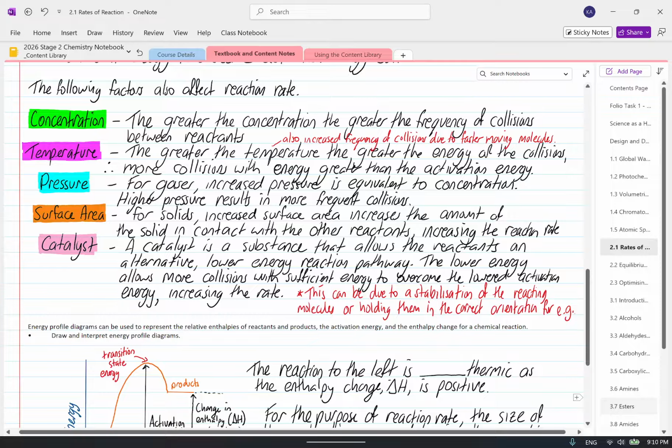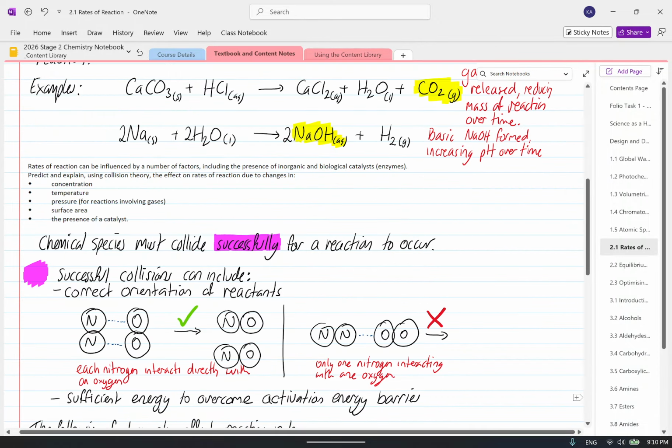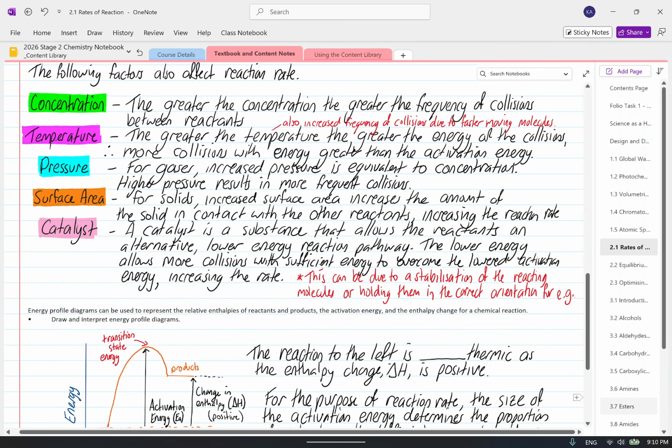Now, the last one I'm covering here are catalysts. You can find a number of different catalysts. If we go up here, you can see they talk about inorganic and biological catalysts. Inorganic being some sort of chemical, biological being some sort of protein or enzyme that does the catalysis. Regardless, the process of catalysis is the same.